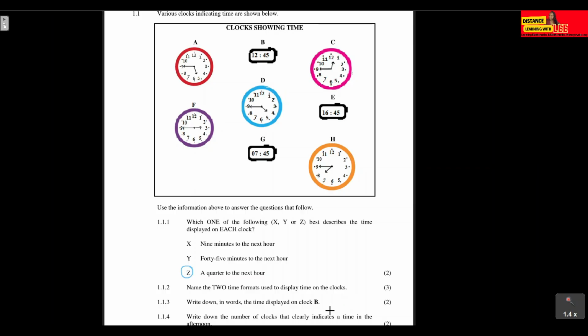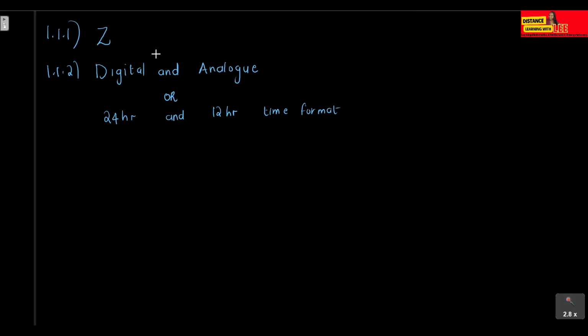So I'll write both of them so that you know that both of them are accepted. To answer this question, you can just say digital and analog time format, or you can say 24-hour and the 12-hour time format.